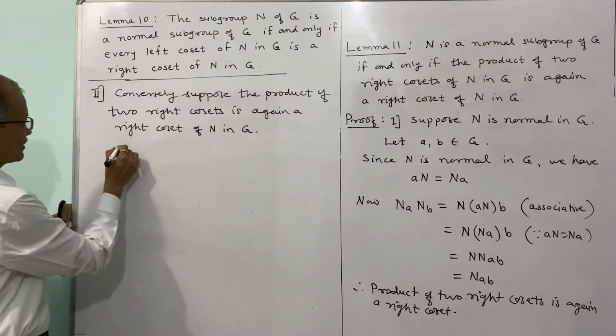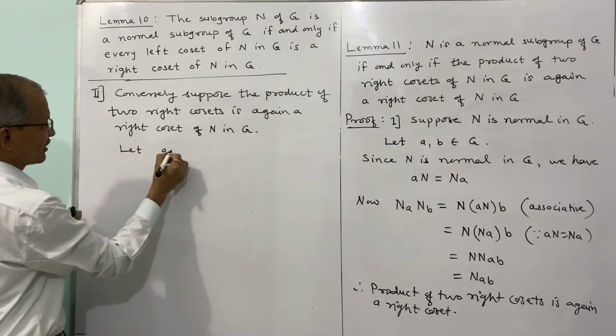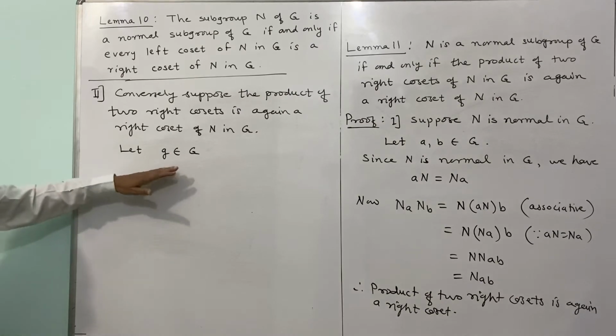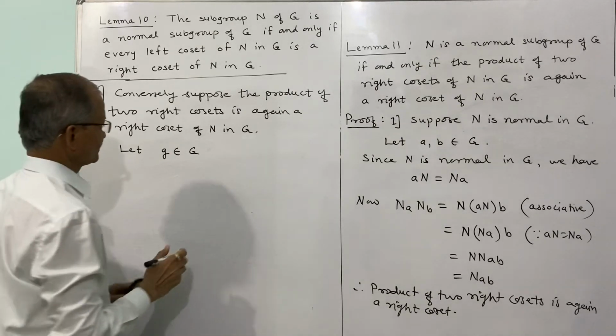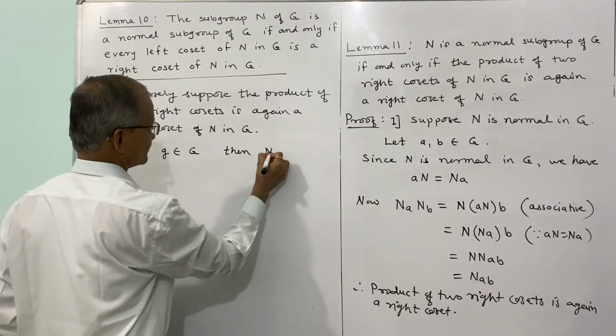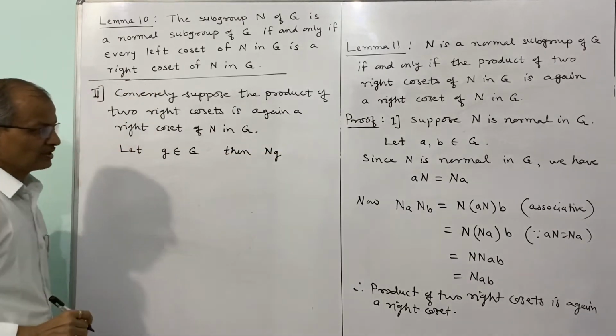Now let g belong to G. Then Ng is a right coset.